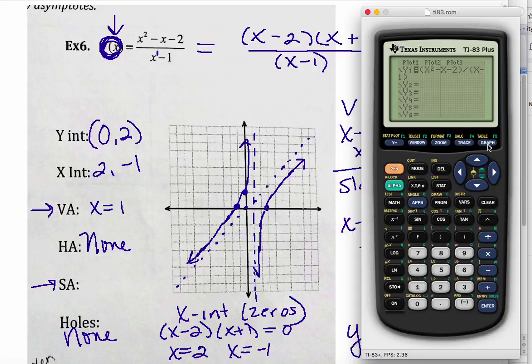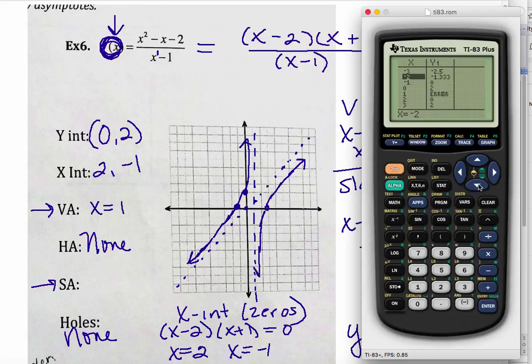We can sneak a peek at the graph and see if we did good. And it looks like we did good. You could zoom in if you want or change the window to look a little closer. And then we're just going to look at the table. So when x is negative 2, then our y is negative like 1 1/3. And that looks okay-ish the way I graphed it.